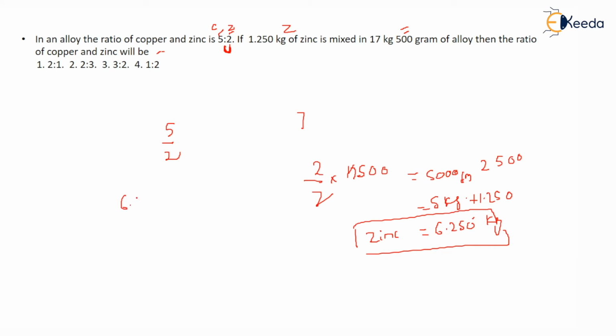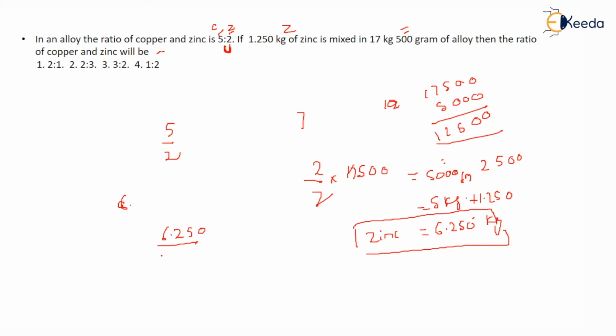So now, how much was the earlier total? 17.5 kg. We have found out that zinc was 5 kg. So if you subtract 5000 from 17500, you will get the quantity of copper that was there in it, that means 12.5 kg was copper, and now the zinc is 6.25.